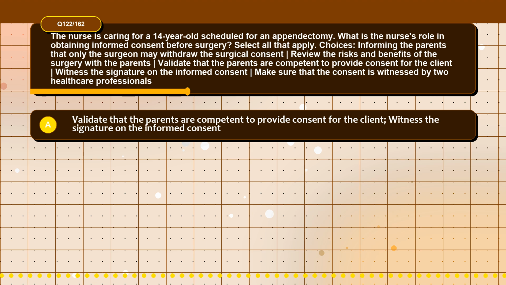Choices: informing the parents that only the surgeon may withdraw the surgical consent, review the risks and benefits of the surgery with the parents, validate that the parents are competent to provide consent for the client, witness the signature on the informed consent, make sure that the consent is witnessed by 2 healthcare professionals. Here are the options. Option A, validate that the parents are competent to provide consent for the client. Witness the signature on the informed consent.